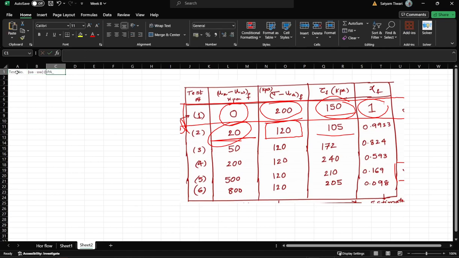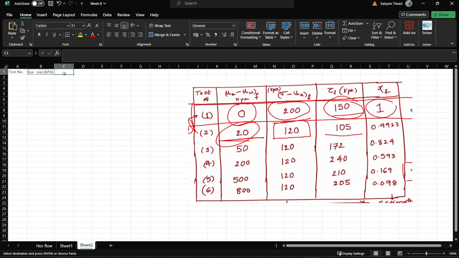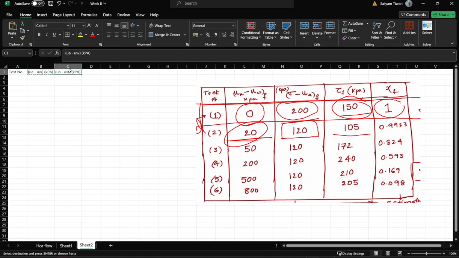Then the second term will be sigma minus ua, that's also in kPa.